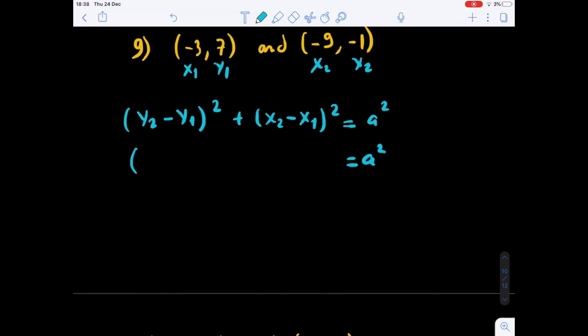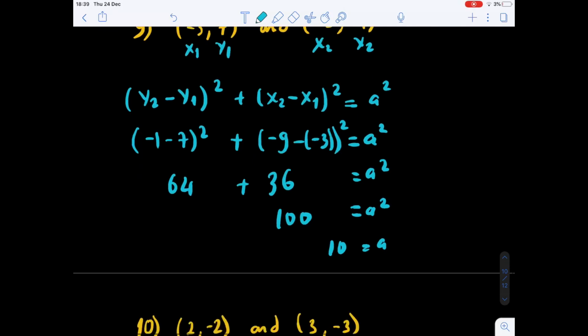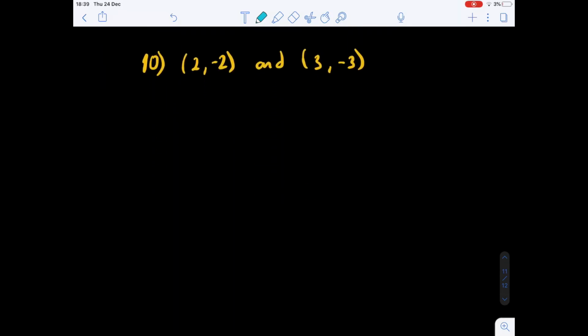So A squared equals negative 1 minus 7, squared, plus negative 9 minus 3, squared. So A squared equals 8 squared, which means 64, plus negative 9 minus 3, which is negative 12... actually the speaker states negative 6 squared is 36. So 100 equals A squared. A is 10. So the distance between these 2 points is 10.